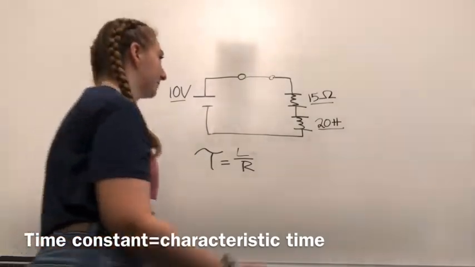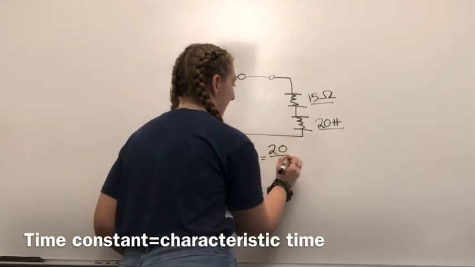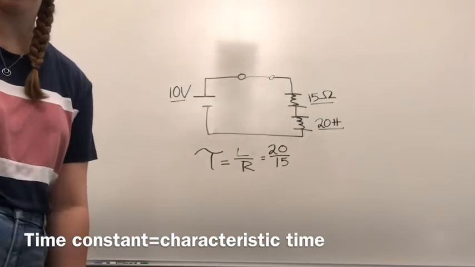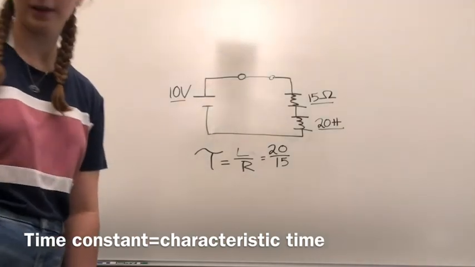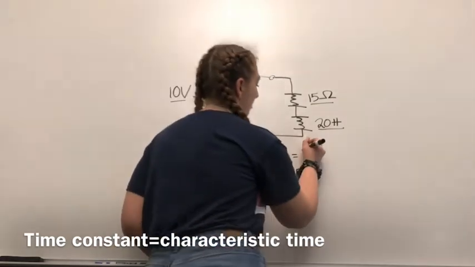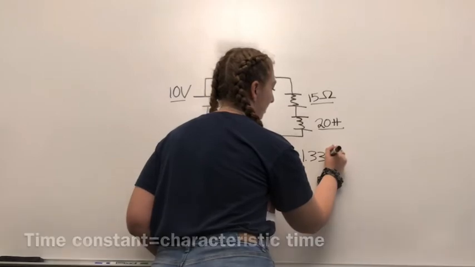We're just plugging things in. Our inductance is 20 and our resistance is 15. Plug that into our calculators and we get that tau is equal to 1.33 seconds.